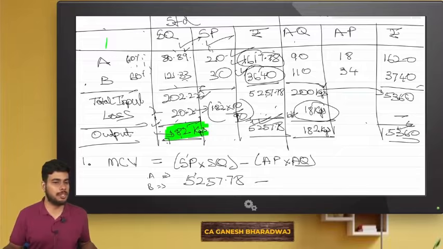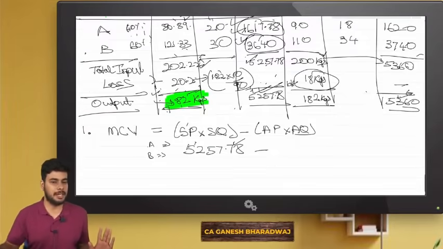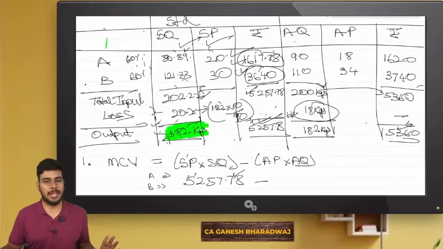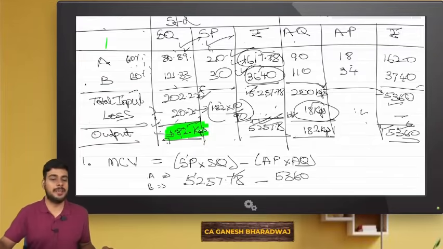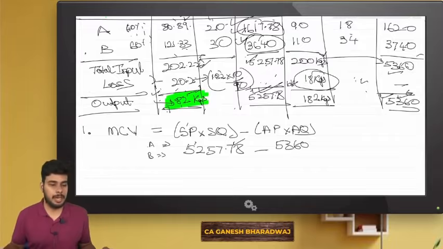If you add the two, how much do you get? That's what we have done here. So total standard cost for A plus B put together is 5257.78. Total actual cost incurred for A plus B put together is how much? 5360. Minus 5360. Correct, guys?